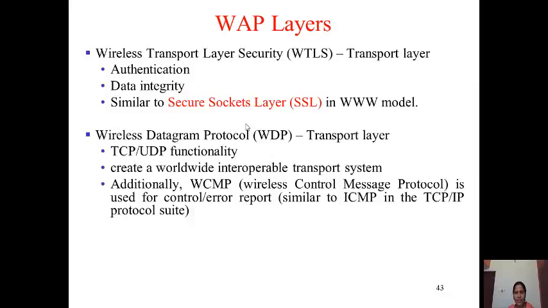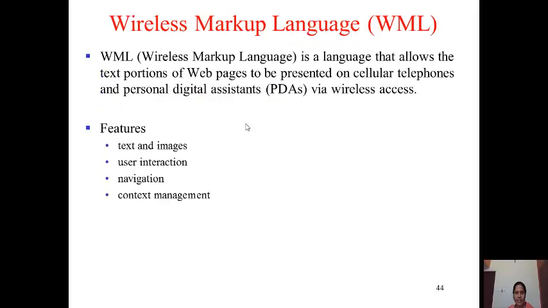ICMP generated the control messages that supported the Internet Protocol. Likewise here, the Wireless Control Message Protocol additionally plays a role in the transport layer, taking care of all the control message communications.